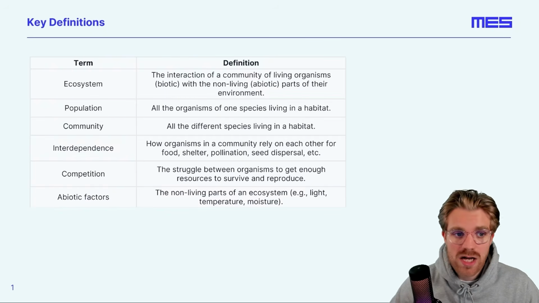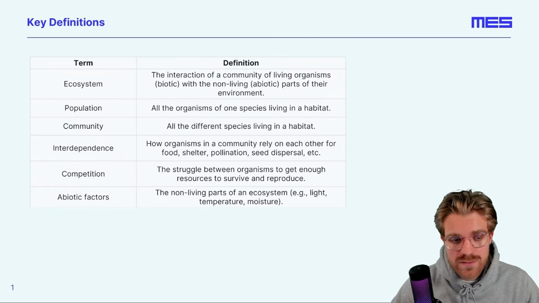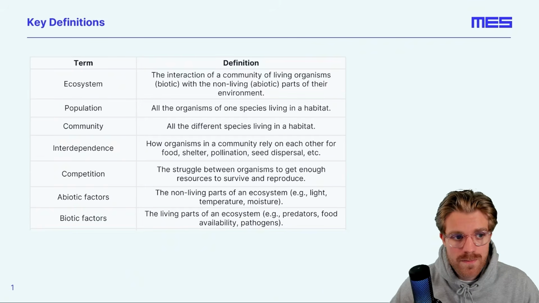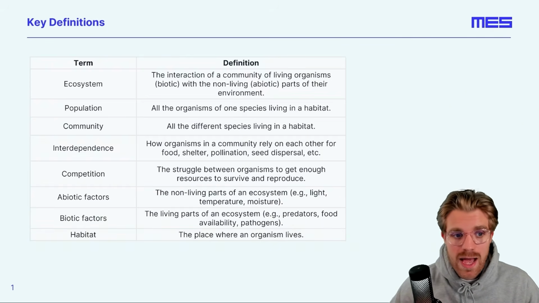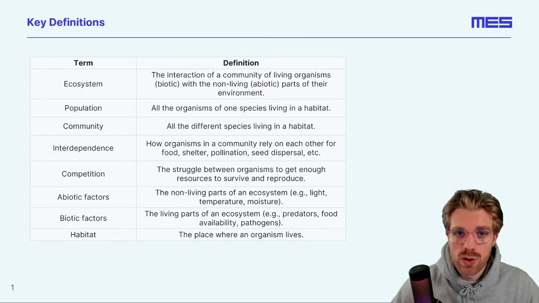Our abiotic factors are our non-living parts of the ecosystem, for example, our light, temperature, or moisture. More examples to follow. And biotic factors are the living parts of an ecosystem. For example, the predators, the food availability, potentially the pathogens as well. And the habitat is the place where an organism lives. A habitat could be living or non-living.